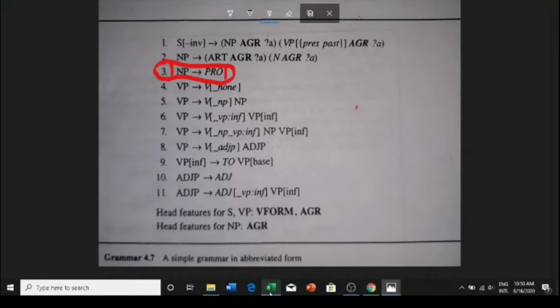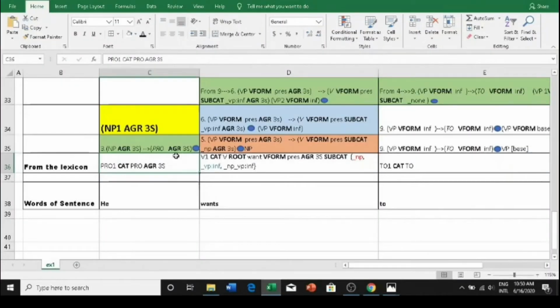So we are going to instantiate those two AGR features with the value we got from the lexicon, right? So here the value that we got is 3s. So 3s is the AGR value given on the right hand side of the production and left hand side of the production, as they both share it, being mother and head constituent.